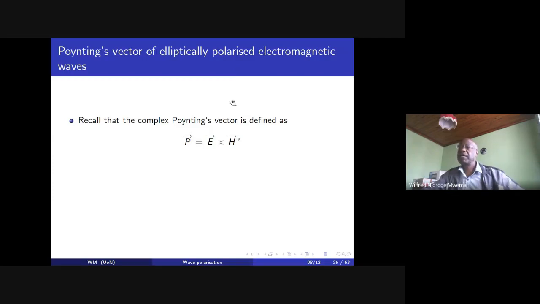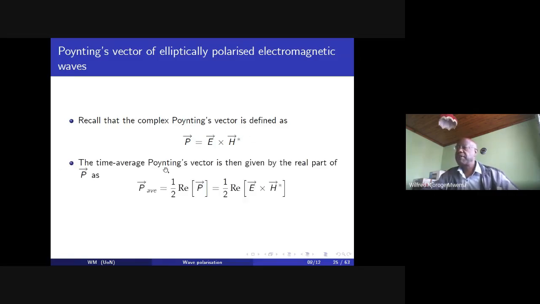The complex Poynting vector was defined as P equal to E cross the complex conjugate of H. The time average Poynting vector was then given as half the real part of the complex Poynting vector, P average, and we saw that that is just half the real part of E cross H star.